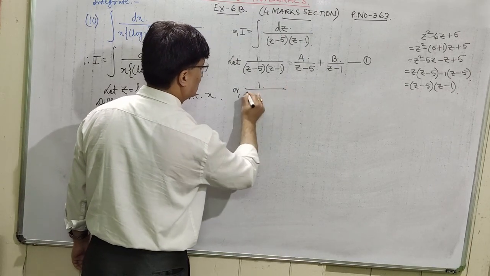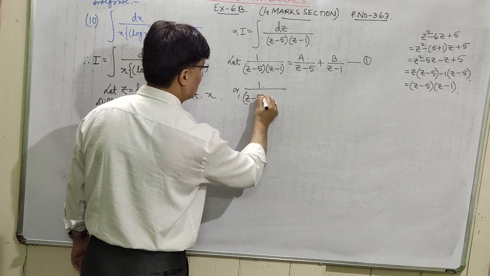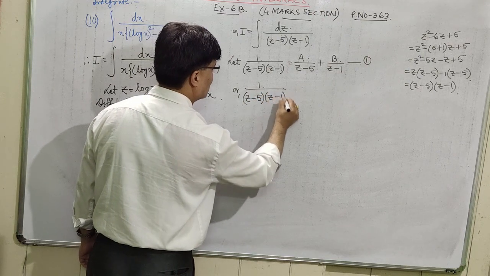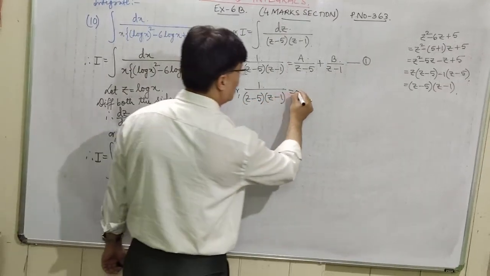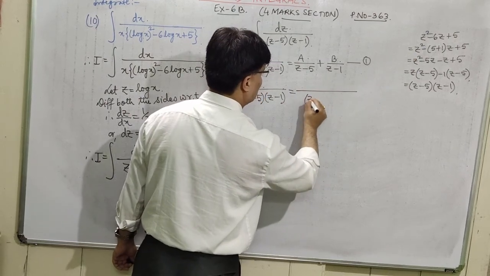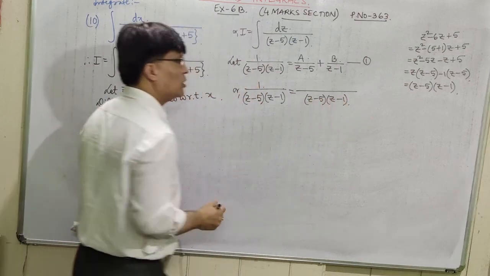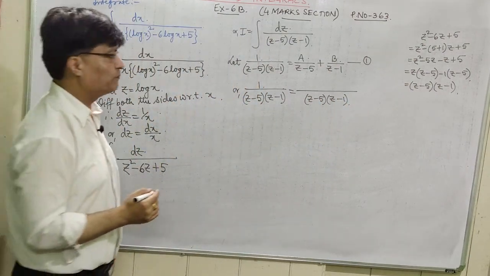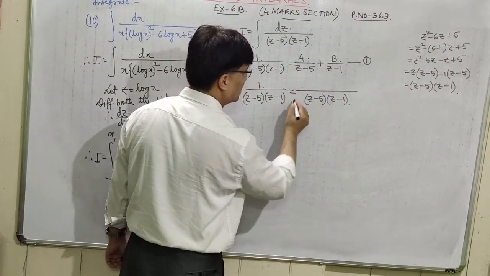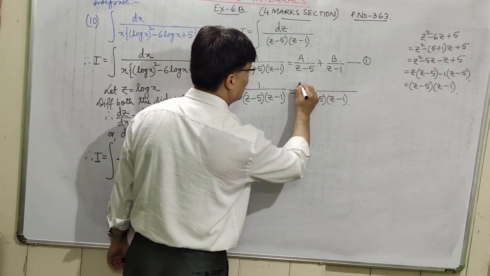So 1 upon z minus 5 into z minus 1 is equal to, so what's the LCM out here now? It is z minus 5 into z minus 1. So what is there in the numerator? This LCM is divided by z minus 5, so z minus 1 remains.